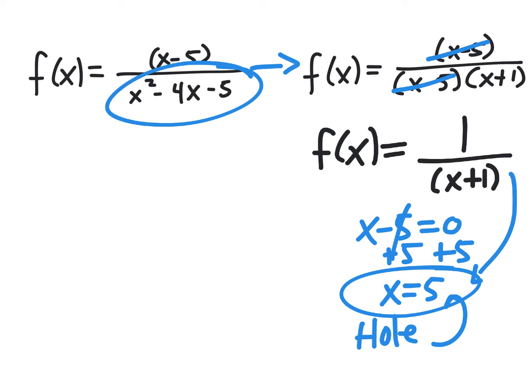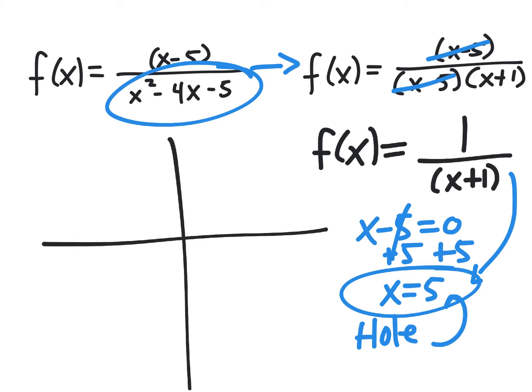And we can draw a quick sketch of that so you can see what that looks like. It means that at x equals 5, we're going to have a gap. 1, 2, 3, 4, 5. Our horizontal asymptote will be at y equals 0. You can watch a video that talks about horizontal asymptotes. The vertical asymptote will be at -1.